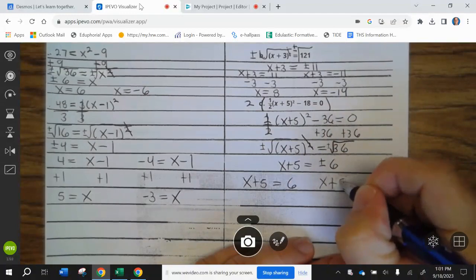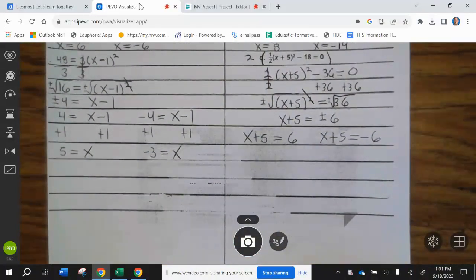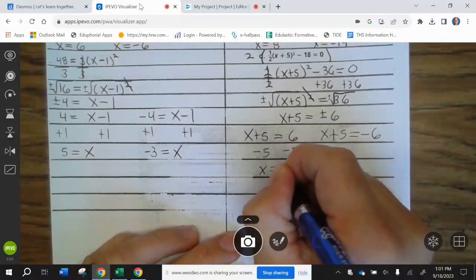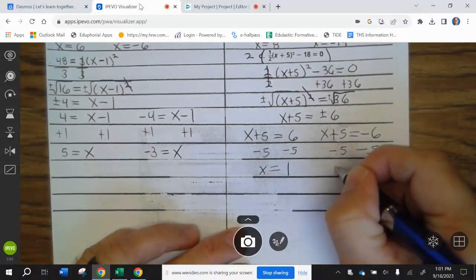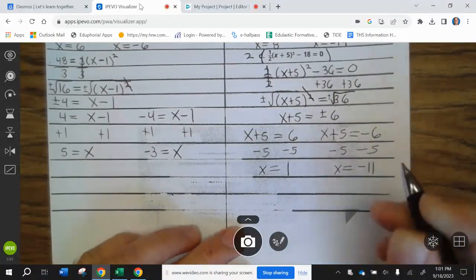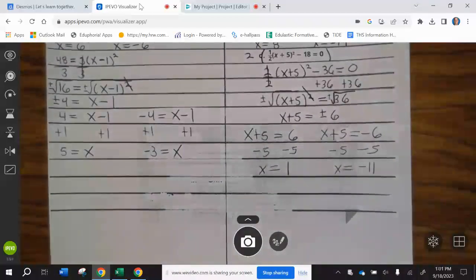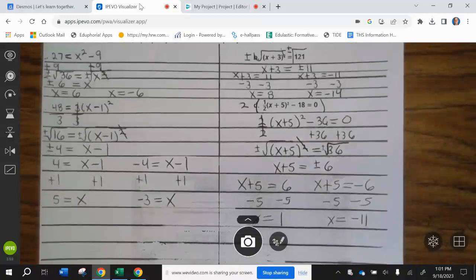X plus 5 equals negative 6. Subtract 5 from both sides. X equals 1. Subtract 5 from both sides. X equals negative 11. Finish that up. Let's take a look at the next page.